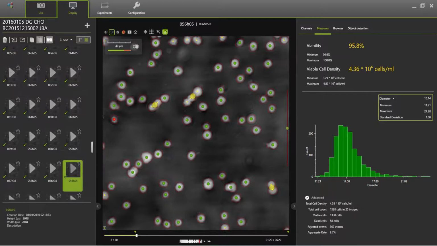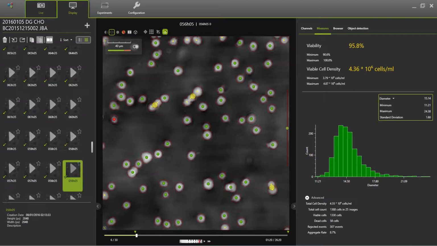In green is indicated in this case the viable cells, in red the dead cells, and in yellow the aggregates. And then completely on the right, you can also see that we can make distribution graphs on any of the 70 parameters that we assess.